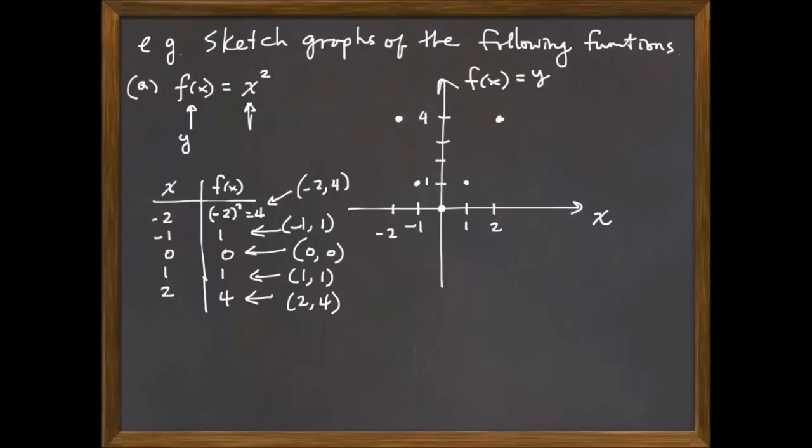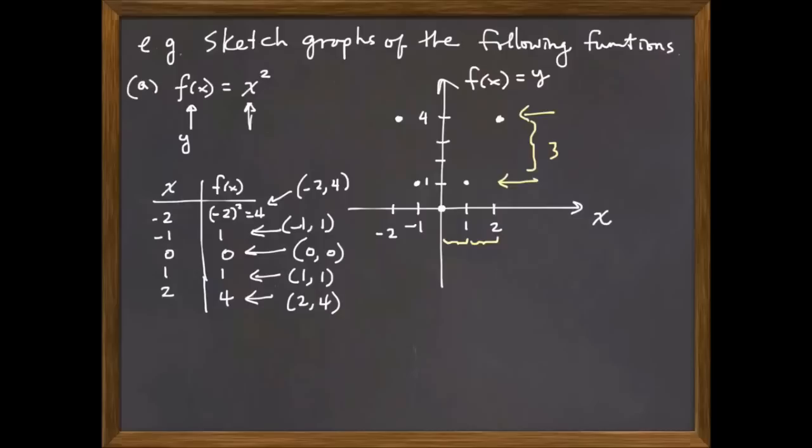You want to develop some sense of how the points are connected by looking at how far apart the points are. For example, if you look at the positive direction, each x value is 1 unit apart. But if you look at the y direction, between the point 1 and the point 4, they're actually 3 units apart.